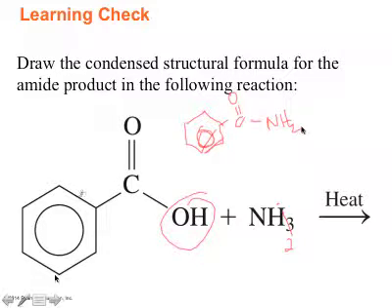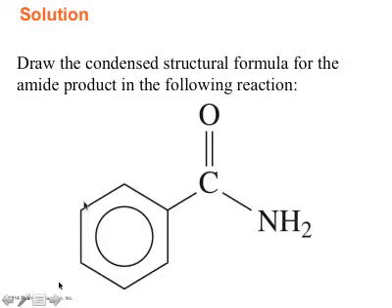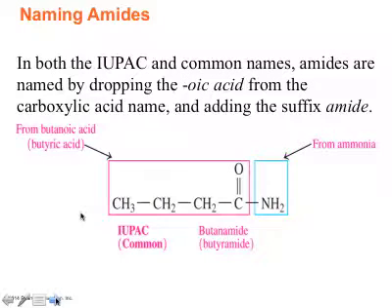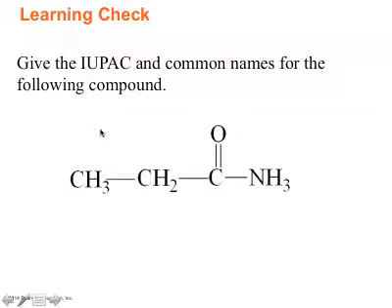So benzamide, there we go. That one looks a lot better than the one I drew. So I'm taking benzoic acid here and sticking an amine group on, so it becomes butanamide. This would be propanamide.